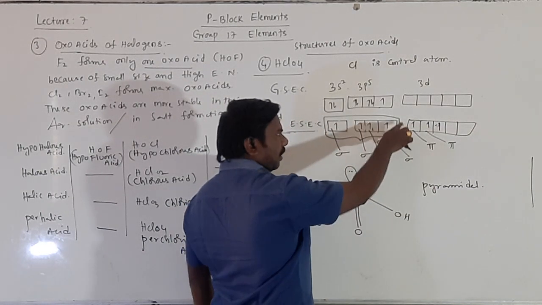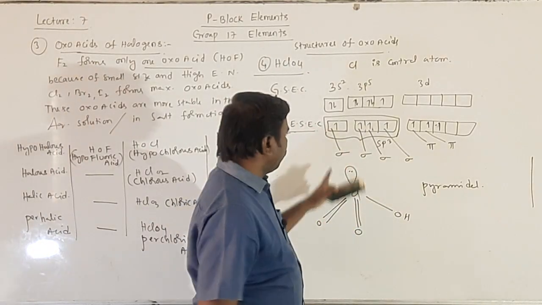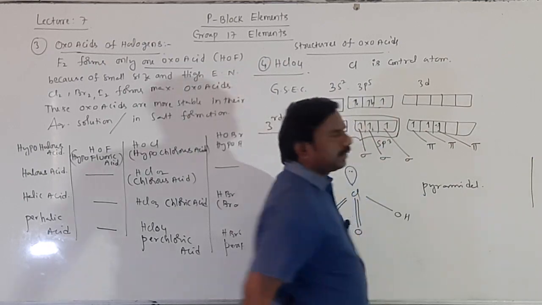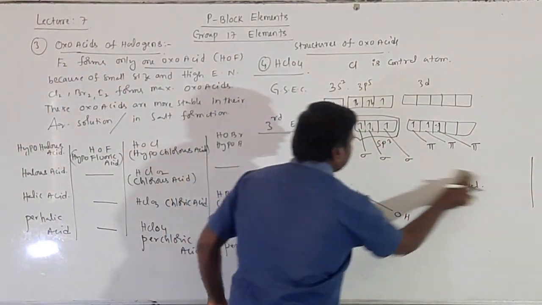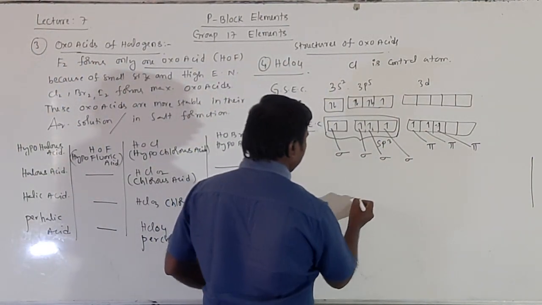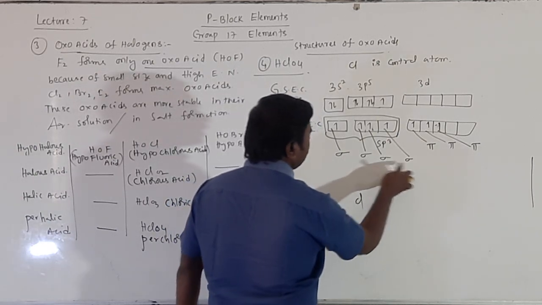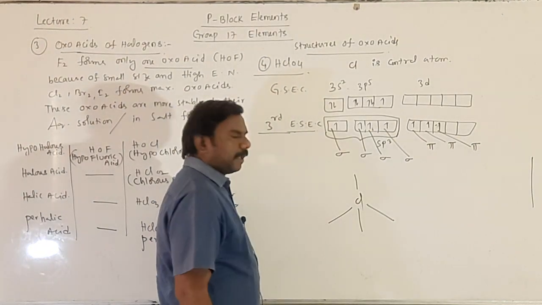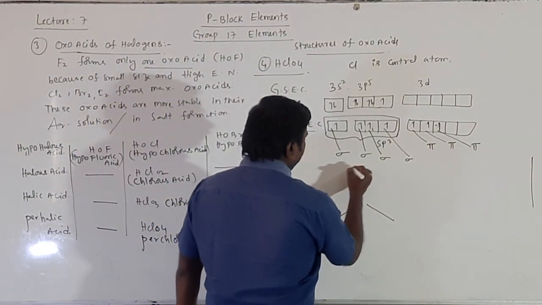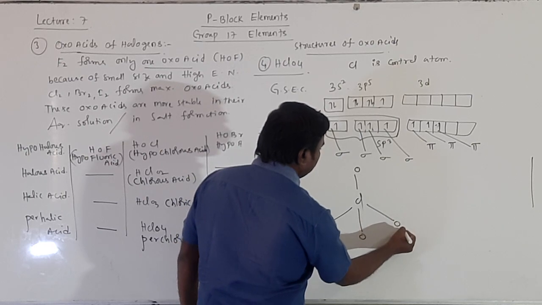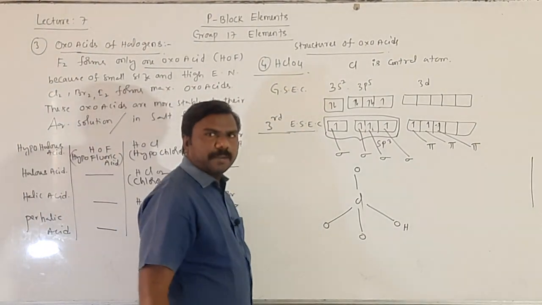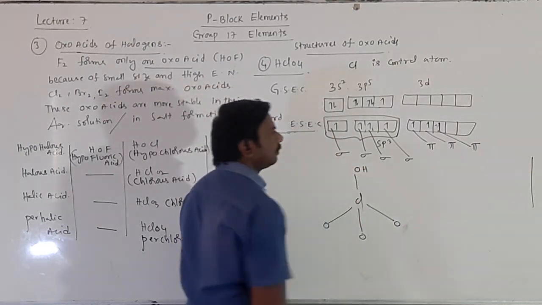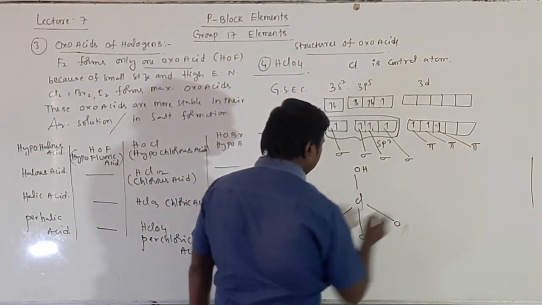Now sp3 hybridization again same, but 4 sigma bonds followed by 3 pi bonds. Now the shape is, chlorine has 4 sigma bonds with 4 oxygens, and 1 hydrogen. Otherwise hydrogen you can keep here. 3 pi bonds with 3 oxygens.